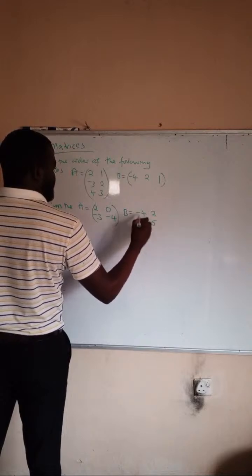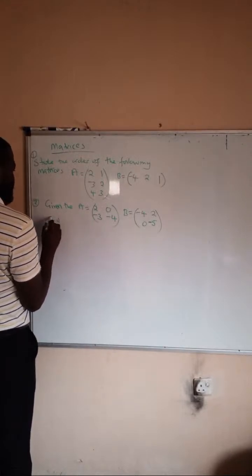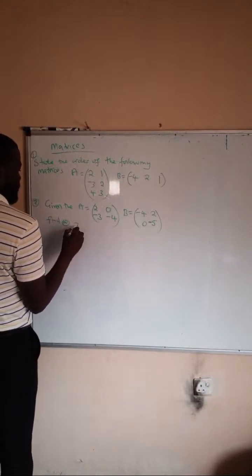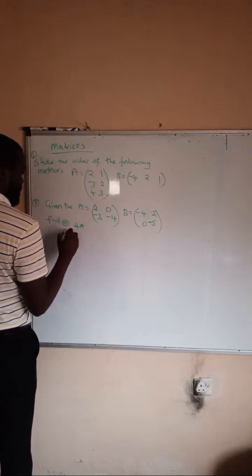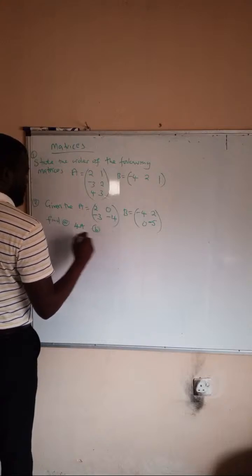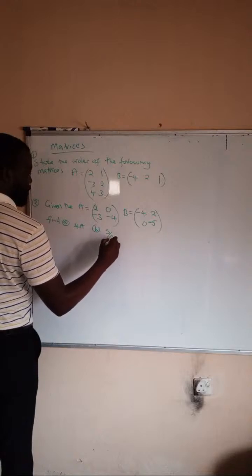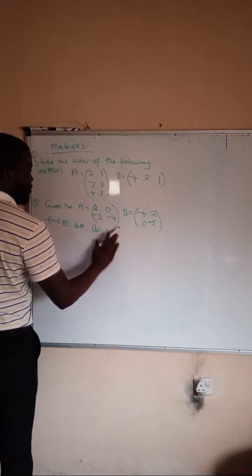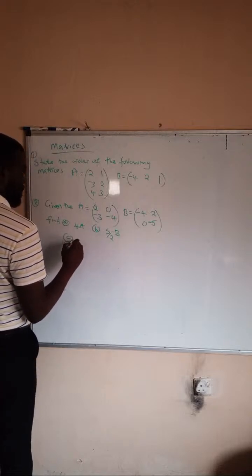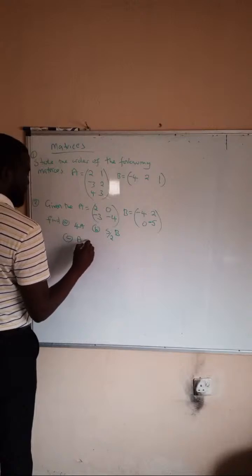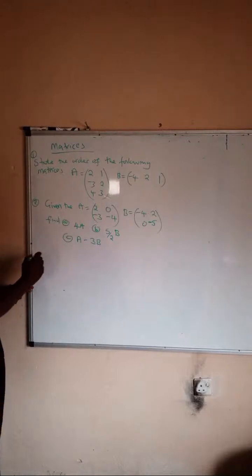Find 4A, 4B, then find 5 over 2 A, 5 over 2 B, and then A minus 3B.